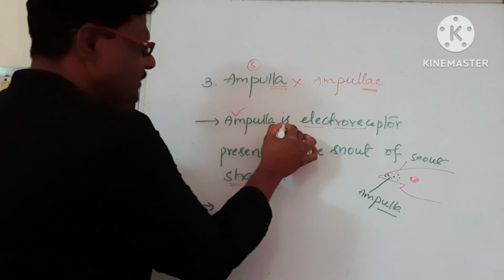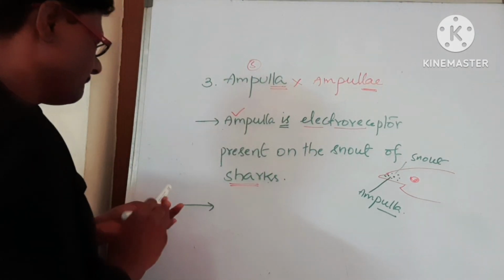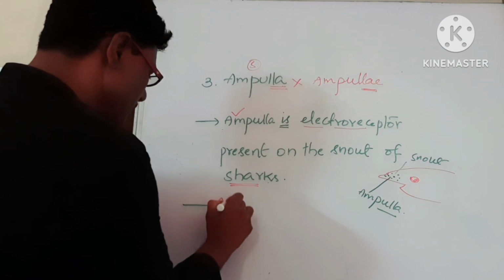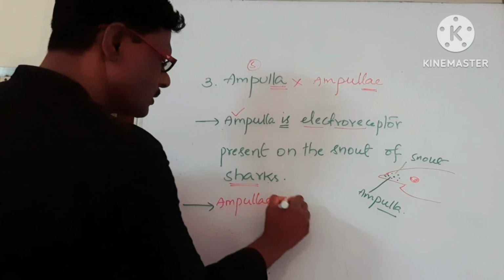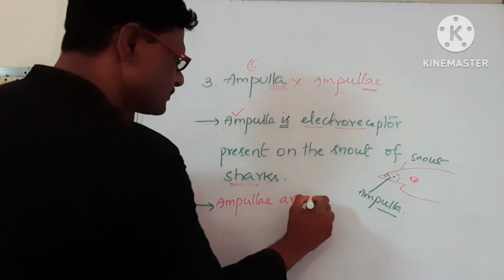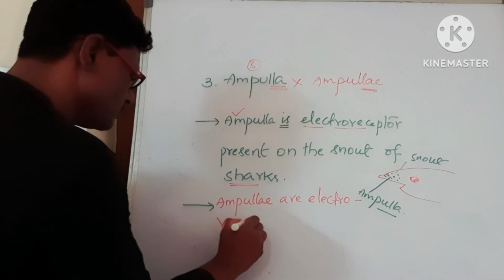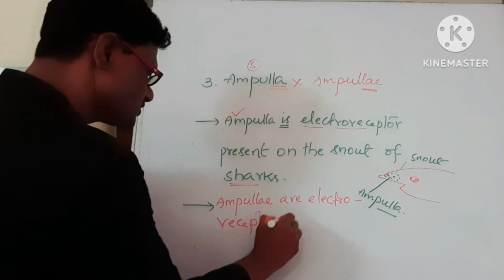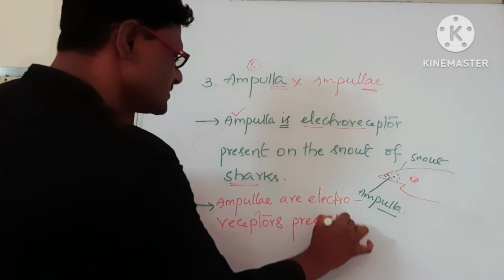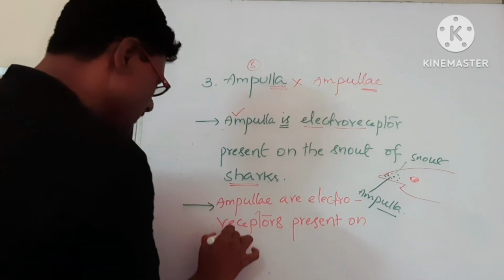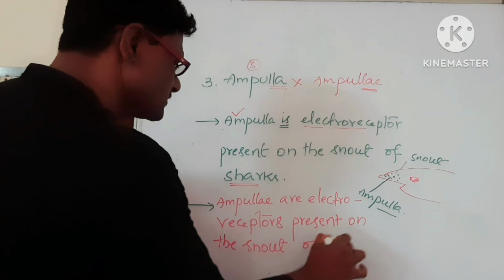Now use a proper auxiliary verb in front of ampulla. So ampulla is, or ampullae are, electroreceptors present on the snout of sharks.